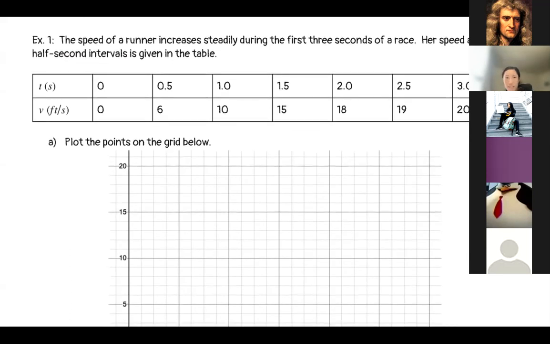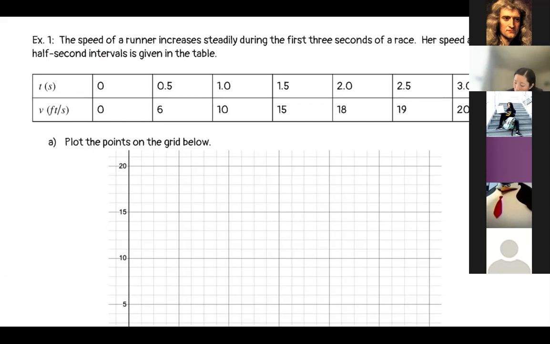So let's take a look at this first example. The speed of a runner increases steadily during the first 3 seconds of her race. Her speed at half-second intervals is given in the table below. So she's got her time measured in seconds and her velocity, okay?